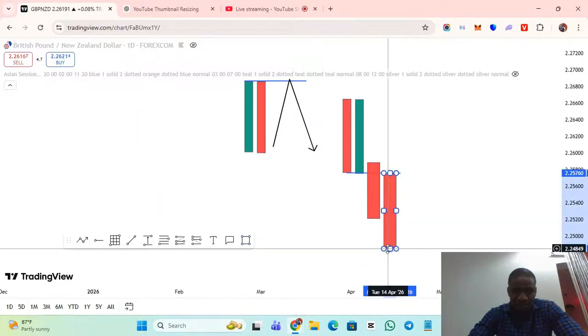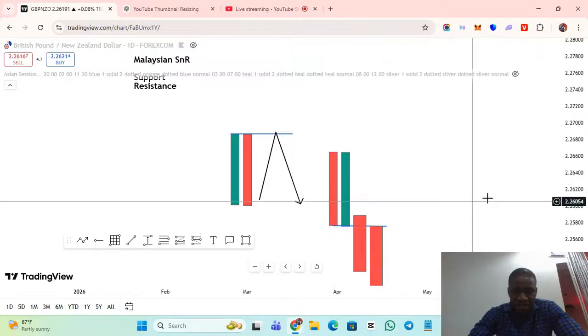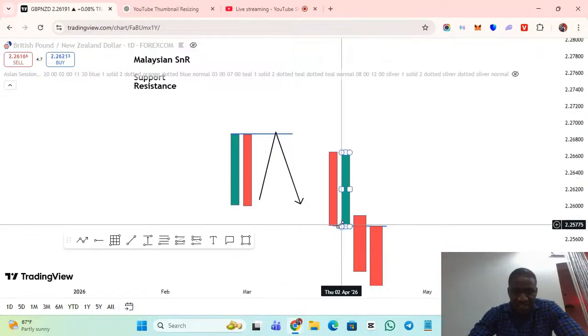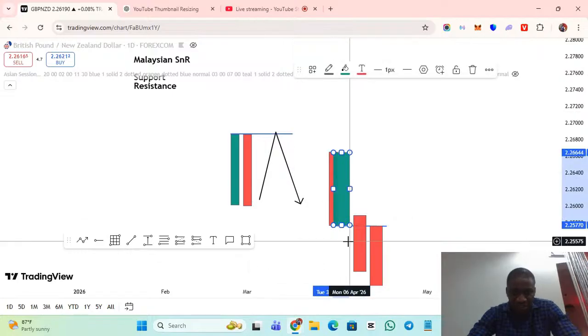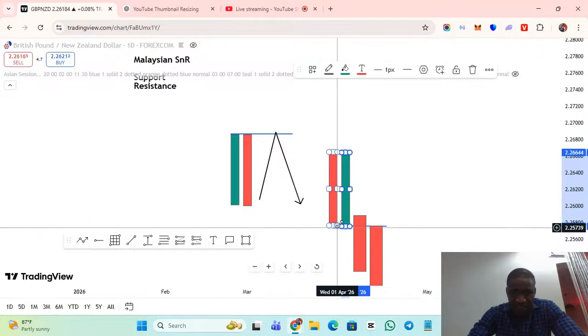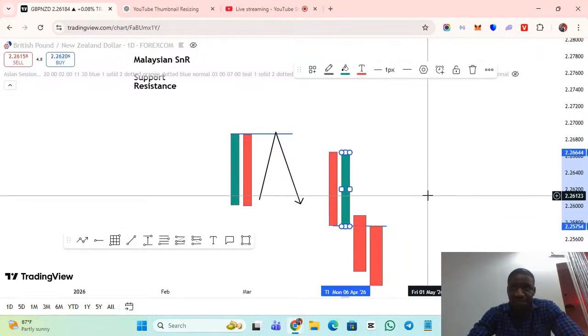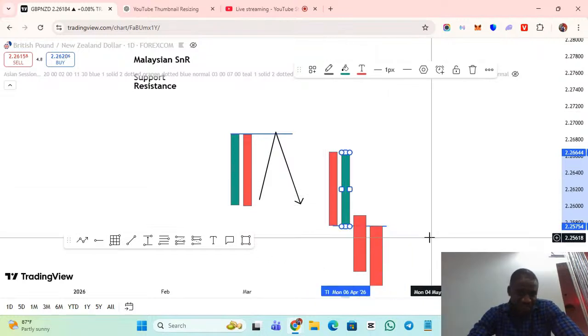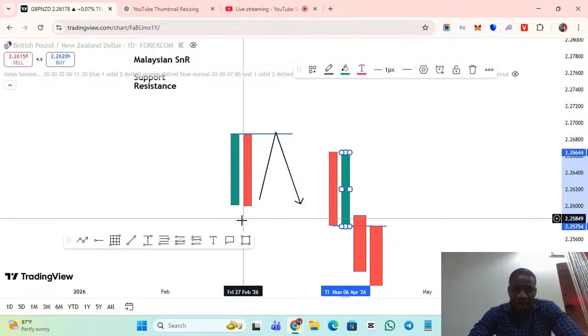Same way, this key level, which is called an A-shaped key level or a V-shaped key level, serves as support turned resistance, right?